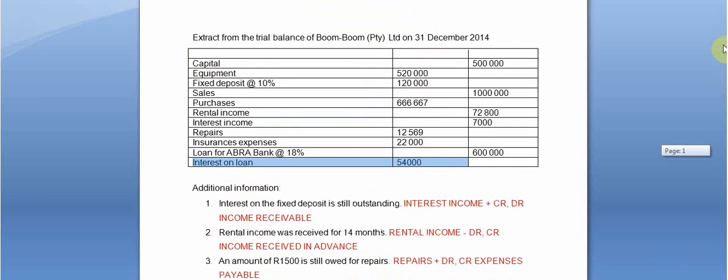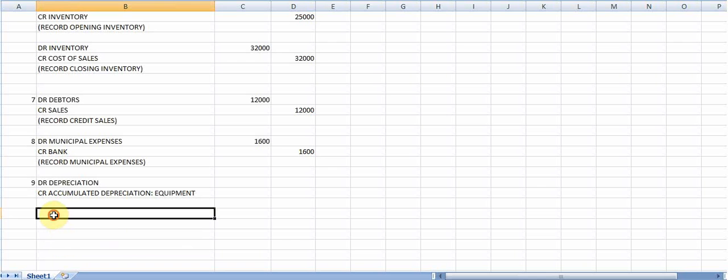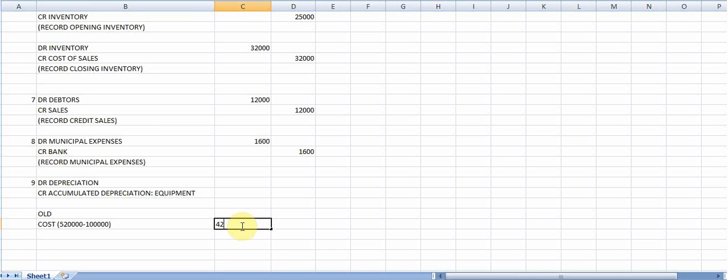So if I go to my equipment, it's 520. So I'm going to say, for the old equipment, it will have to be a cost of 520 minus 100,000, because the 100,000 is the new one, so that gives you 420,000 for the old equipment.